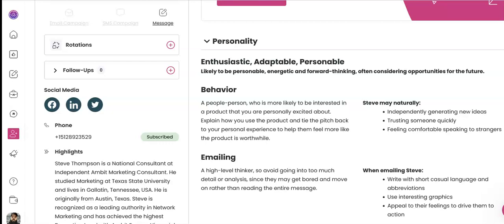Then it goes into the behavior. A people person who is more likely to be interested in a product that you are personally excited about. Explain how you use the product and tie the pitch back to your personal experience to help them feel more like the product is worthwhile.